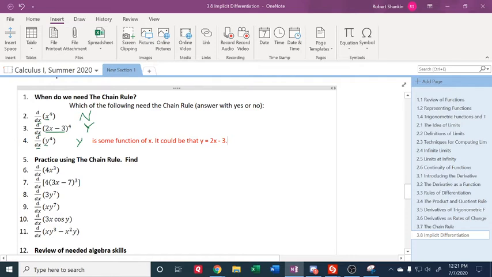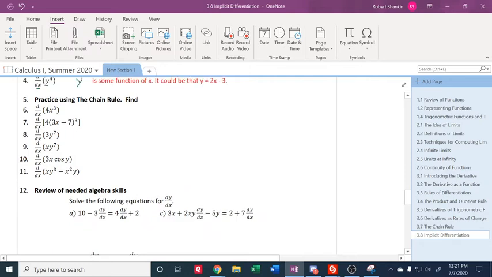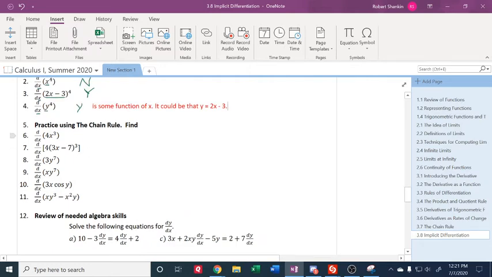All right. So let me have you do these, which is practice using the chain rule. You shouldn't have any problem with 6, 7, but number 8 might be a little bit tricky for you.